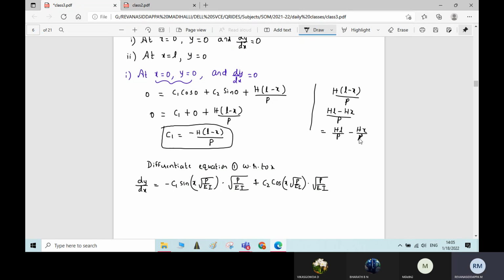Differentiation of the first part is a constant, so 0, minus h by p into x, and the differentiation of this term will be minus h by p. So the final answer will be minus h by p.